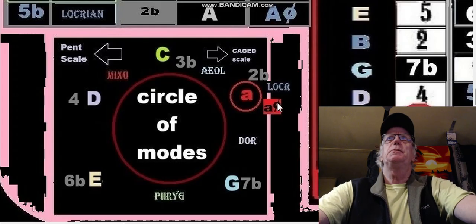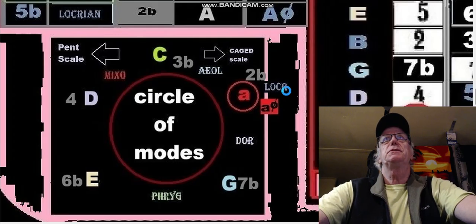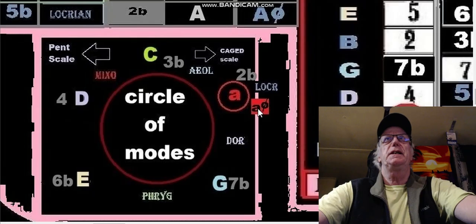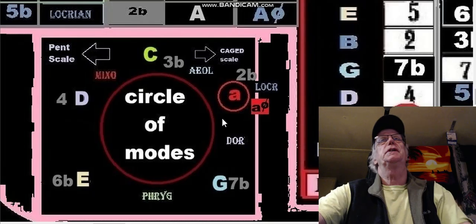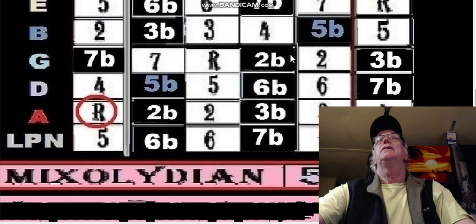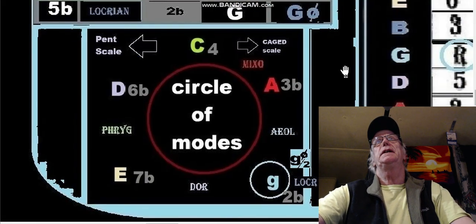A little A half diminished or big A half diminished, doesn't matter. If it's big A half diminished, it's A minor flatted 5. If it's little A half diminished, it's A minor flatted 5. If it's big A, it's just A half diminished but minus A half diminished. In other words, we're taking that shape and moving it down. So we have that all the way across the board here.